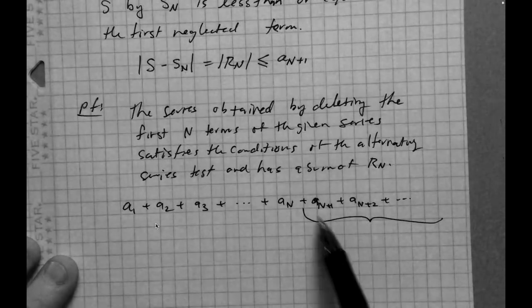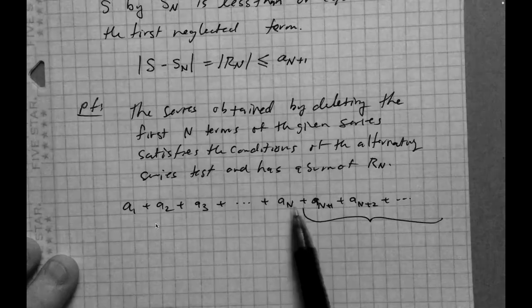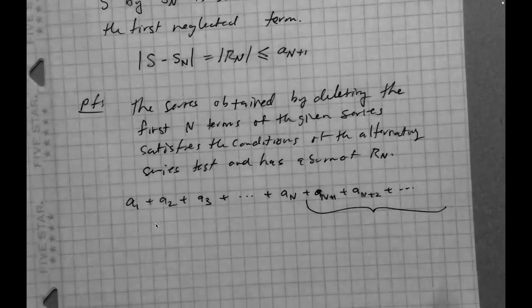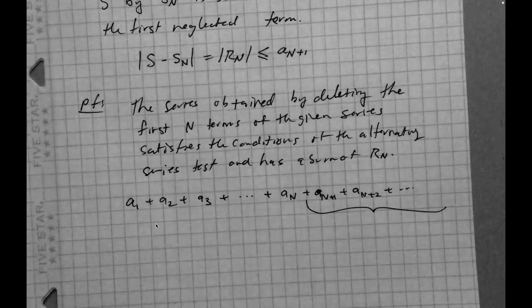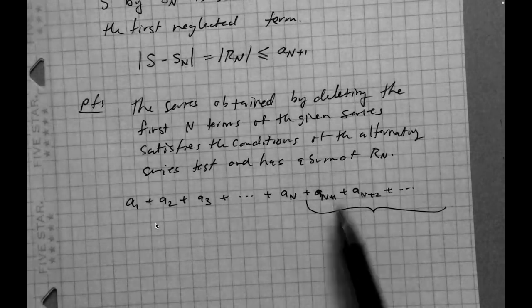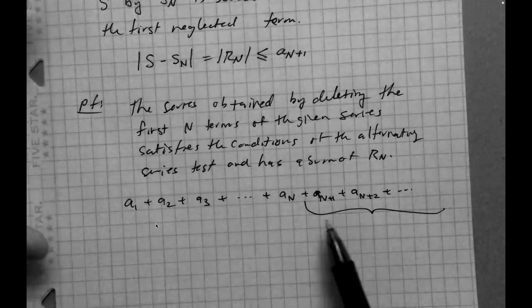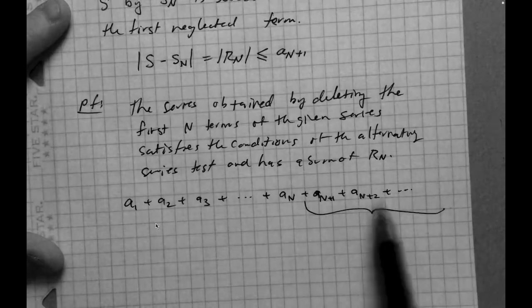When I delete these terms, I'm left with this. Now, these terms are going to satisfy all of the conditions of the alternating series test, right? Namely, the limit of the nth term is going to be 0, and also the terms will be decreasing.